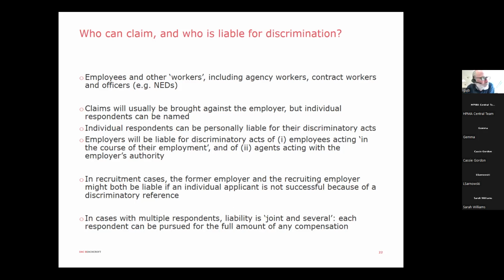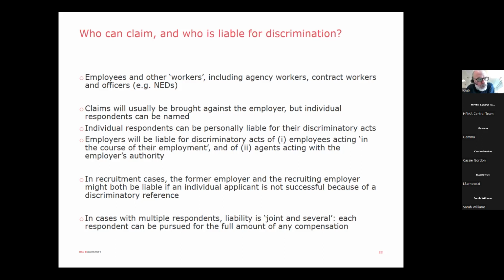What's weird about these cases where more than one respondent can be liable for the discrimination is that this liability is described as joint and several, which I mentioned in the last slide. You're probably wondering what I was on about. Joint and several liability is a very strange concept, and essentially what it means is that if someone brings a claim against both the employer and their manager, for example, then the tribunal will hear the case and decide whether either or both the employer and the manager are liable.